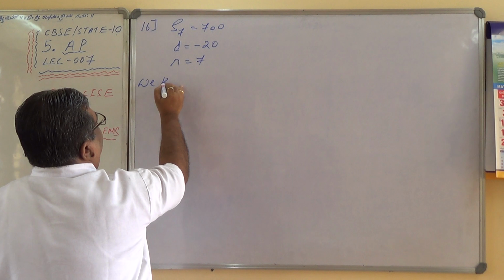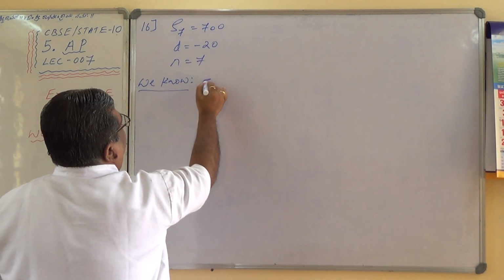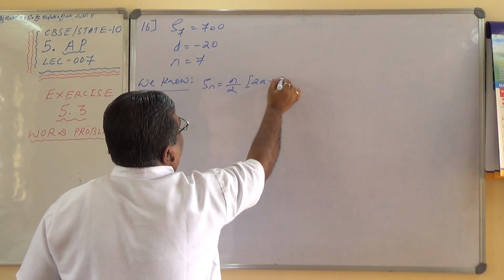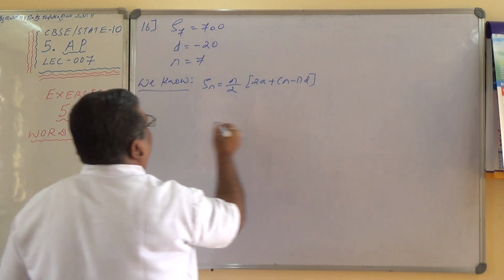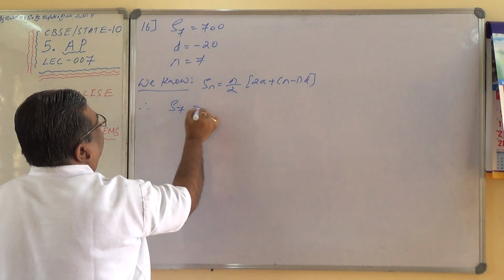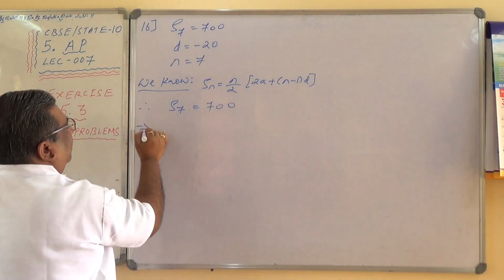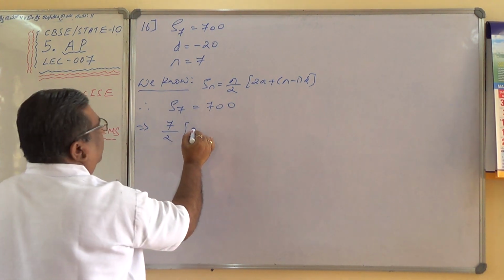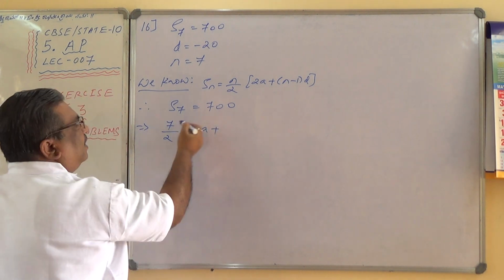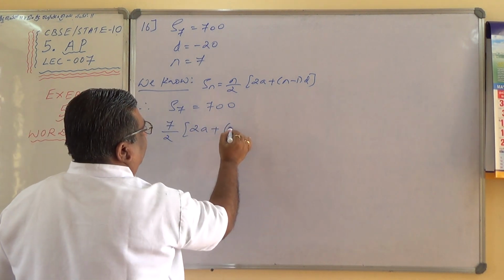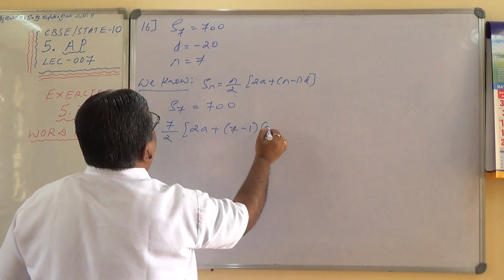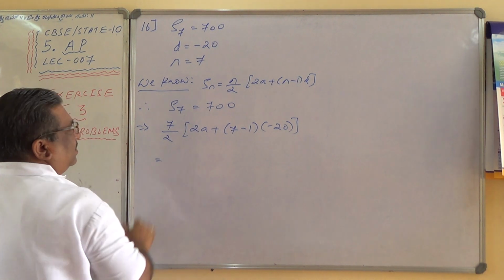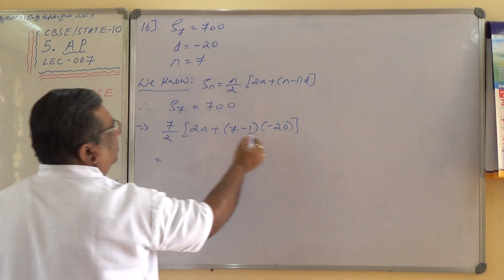We know Sn equals n by 2 into bracket 2a plus n minus 1 into d, and therefore S7 equals 700 implies 7 by 2 into bracket 2a plus 7 minus 1 into d, which is minus 20, and this equals 700.